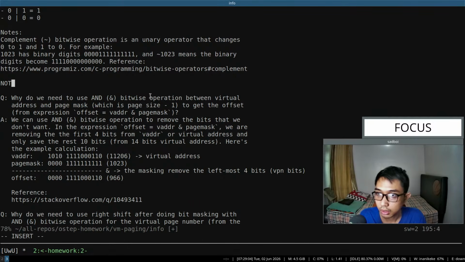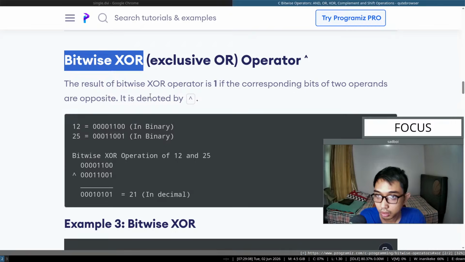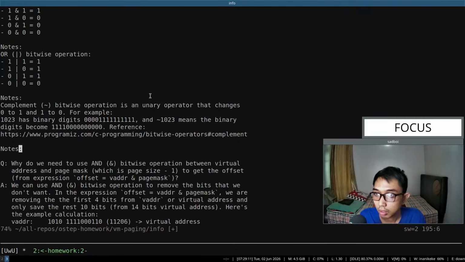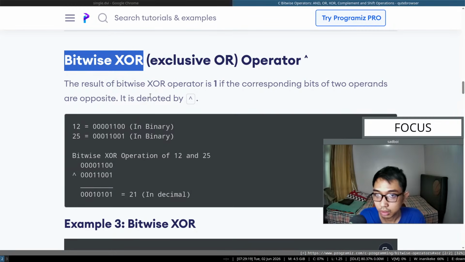Let me take notes. XOR bitwise operation.